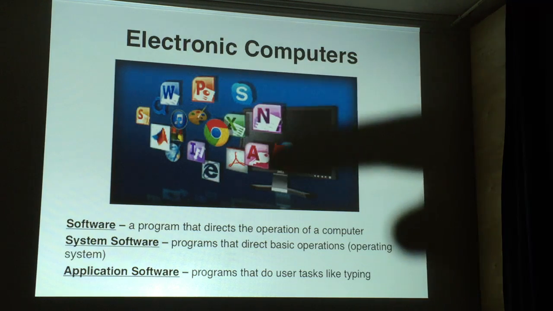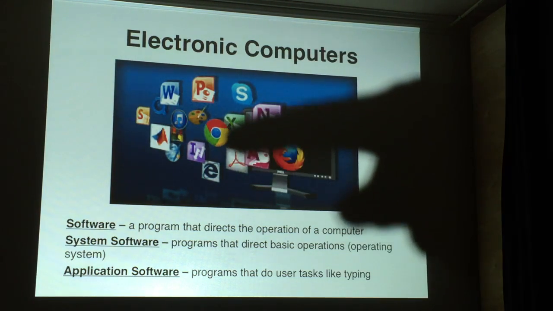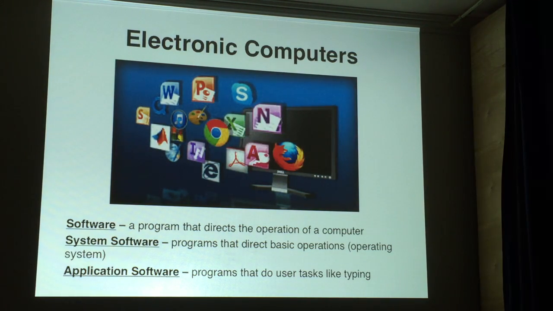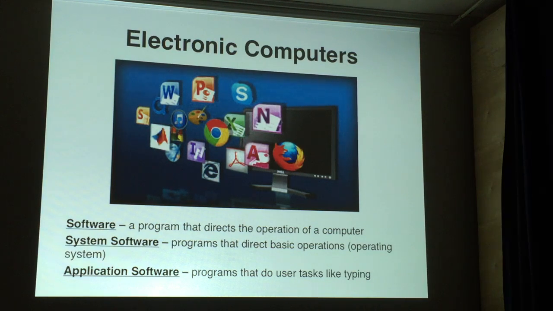N, which is Note, which is a note-taking software. This symbol right here is for Chrome web browser, so it's a web software that allows you to browse the web, which we'll talk about in a second. This is Firefox, which is another program that works on or allows you to browse the web.